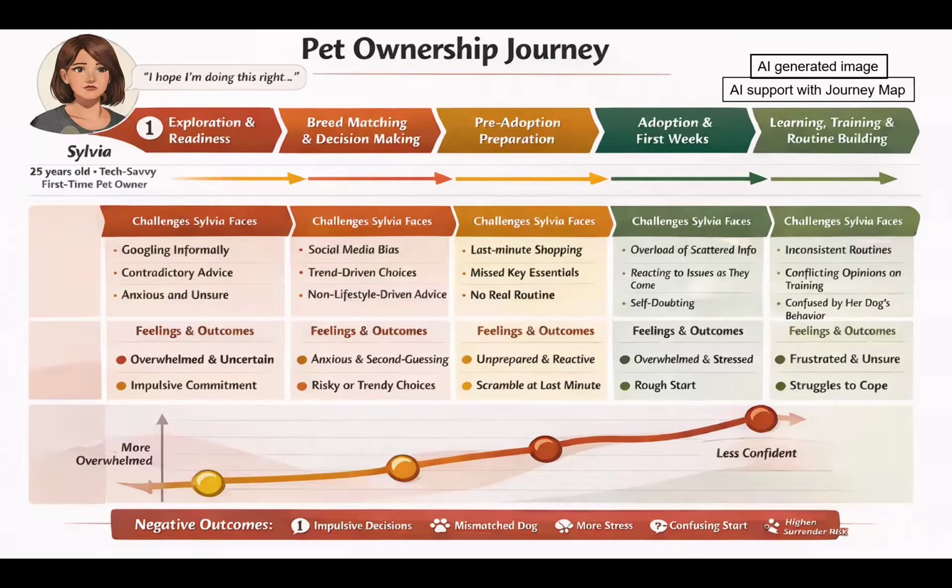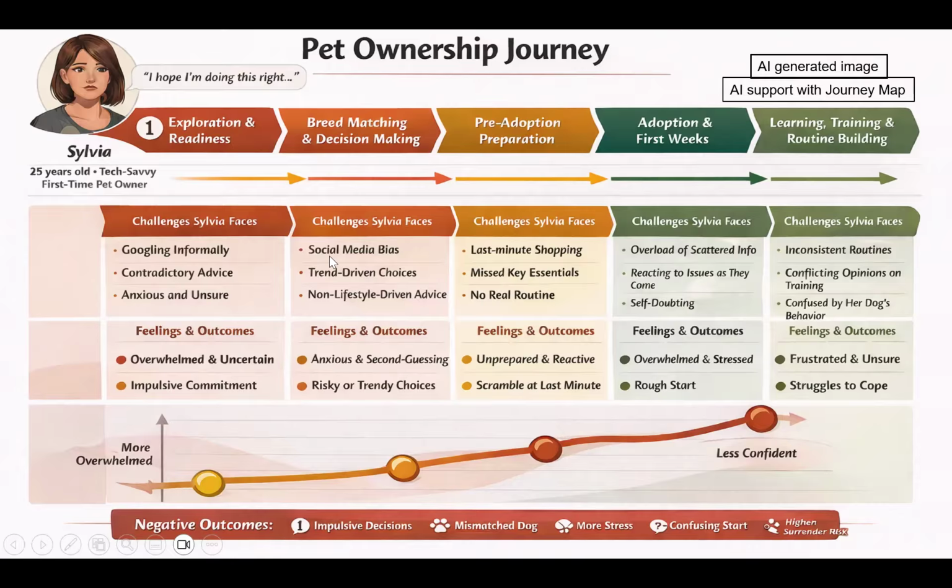So here's what a journey map could look like with Sylvia, with the current state of the industry. And the problem here is, even though Sylvia could be a very capable pet owner, she has no support systems. So here are the five stages of that journey: exploration and readiness, breed matching and decision making, pre-adoption preparation, adoption and first weeks, and learning, training, and routine building.